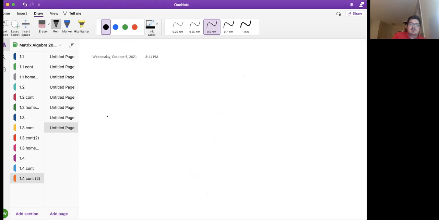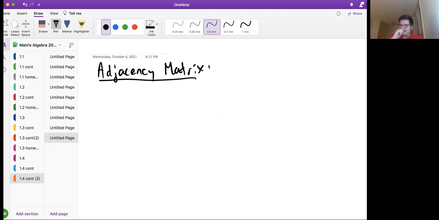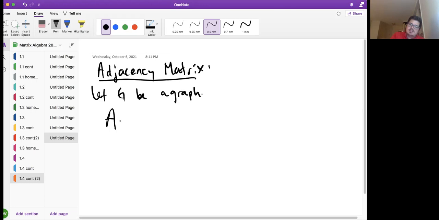All right, so let's talk about something called, so this is where the matrix comes in, the adjacency matrix. And we'll probably do more of this next time. But let's just define what the adjacency matrix is. So let G be a graph, and we're going to call the adjacency matrix of the graph, and we're going to define what the coordinates are.